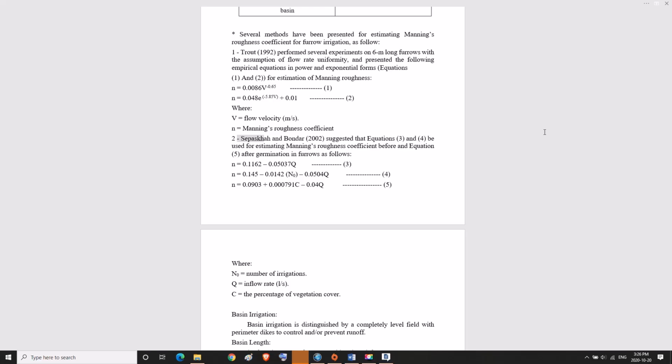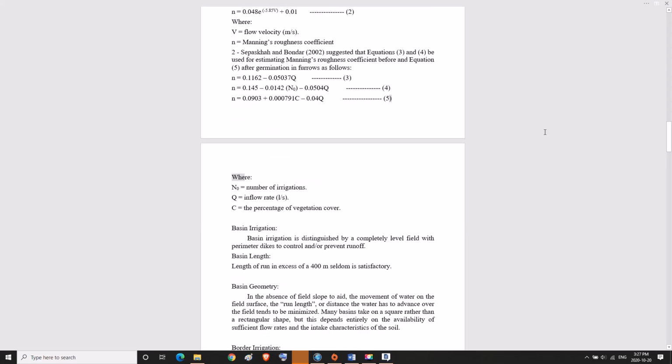2. Sepaska and Bonder, 2002, suggested that equations 3 and 4 be used for estimating Manning's roughness coefficient before, and equation 5 after germination in furrows, as follows. n equals 0.1162 minus 0.05037 q (3). n equals 0.145 minus 0.0142 N0 minus 0.0504 q (4). n equals 0.0903 plus 0.0007991 c minus 0.04 q (5).